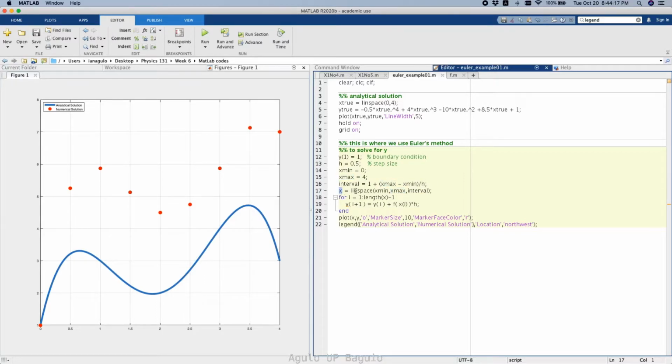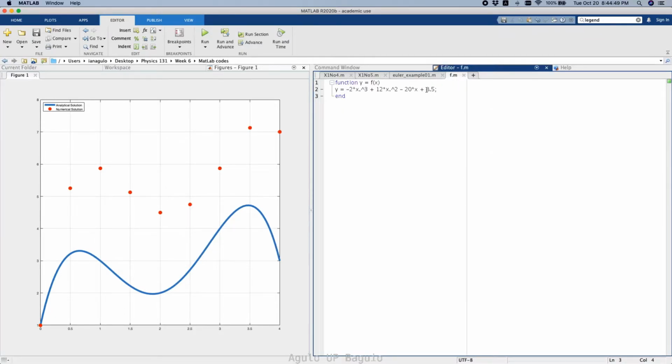So now I define x to be equal to the linspace of the minimum value of x up to the maximum value of x with this number of data points. Since my h is 0.5, I need about 9 data points in this interval. This implementation is quite straightforward for Euler's method. This f is my differential equation dy/dx, which I defined here as a function.